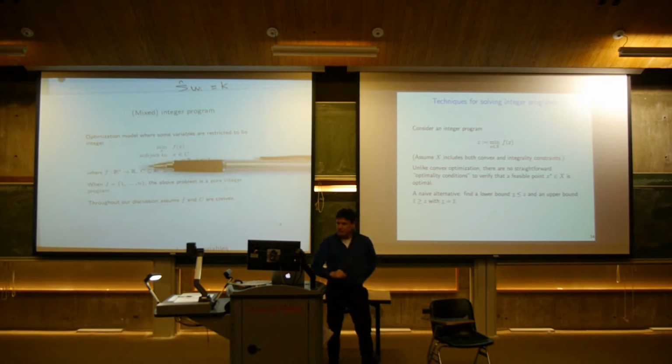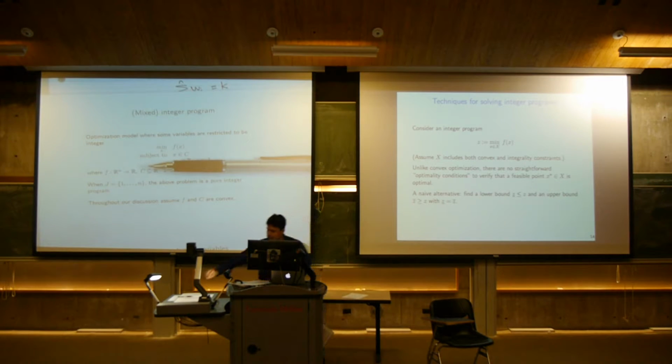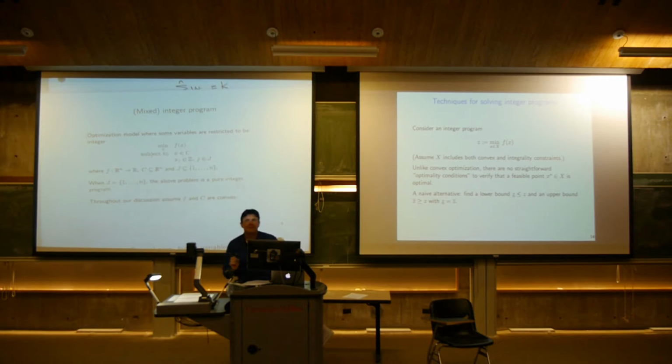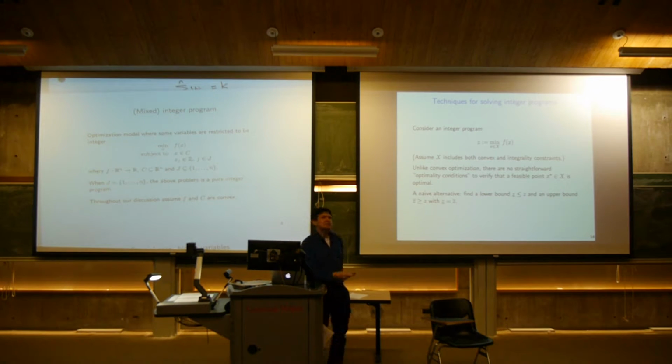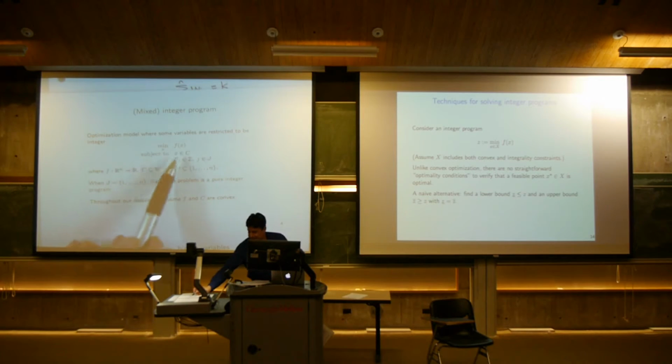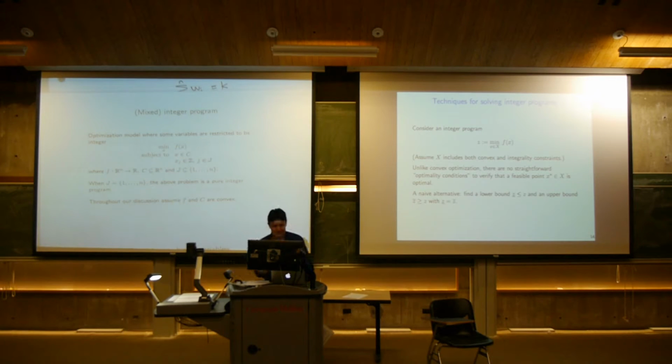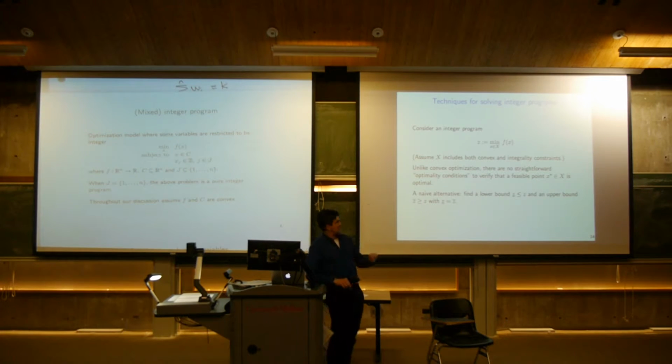So suppose that I want to solve a difficult mixed integer programming problem like this. Here x accounts for all the constraints and the integer constraints. So x includes everything. This could be a fairly difficult set.